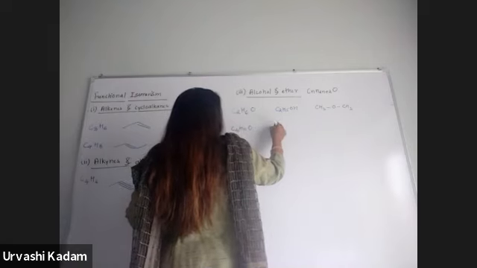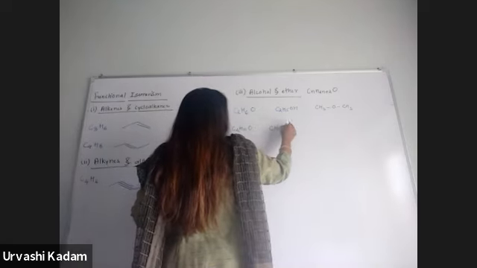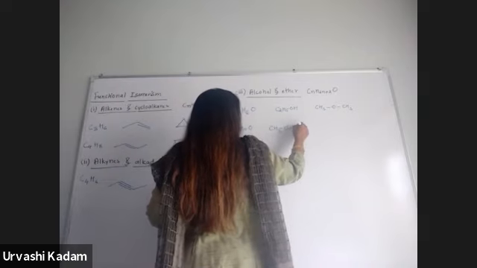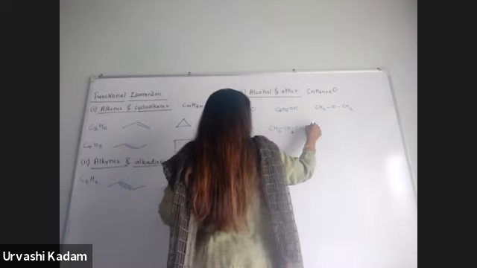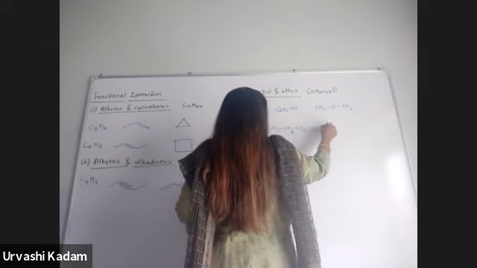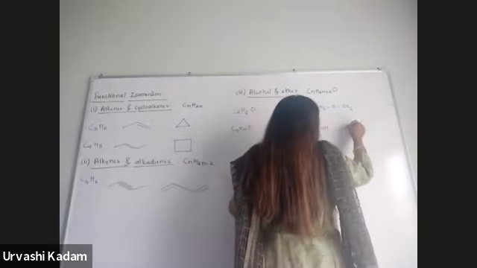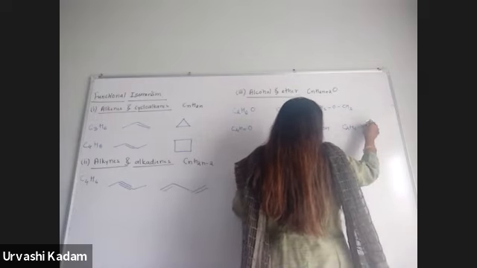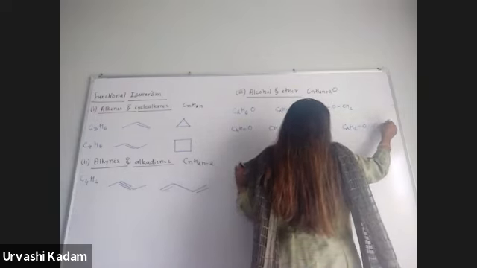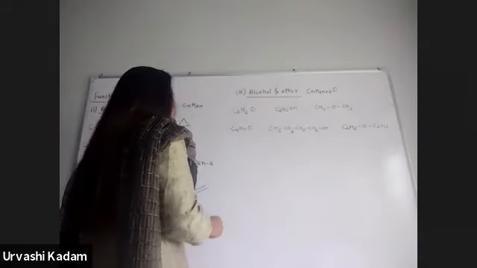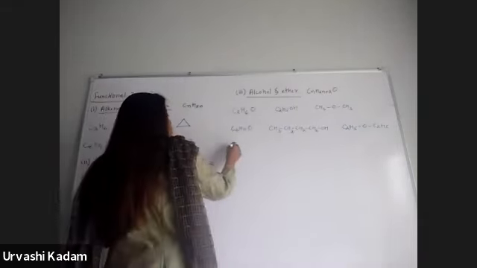So I will have a butyl alcohol, and I have a diethyl ether. So these are alcohols and ethers.